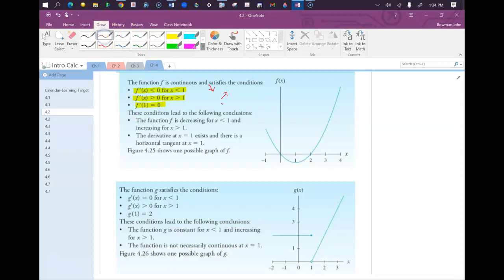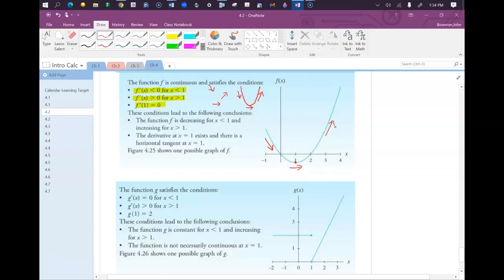So at x equal 1, the derivative is 0. We have a function that kind of goes like this, less than 1, at 1, and greater than 1. And a possible graph of that is right here. Here's x equal 1, derivative negative, derivative 0, derivative positive.